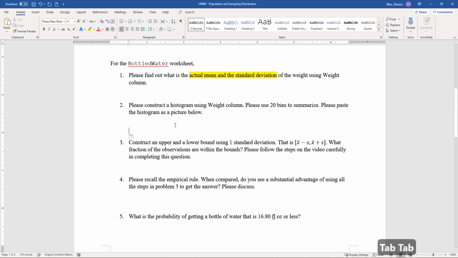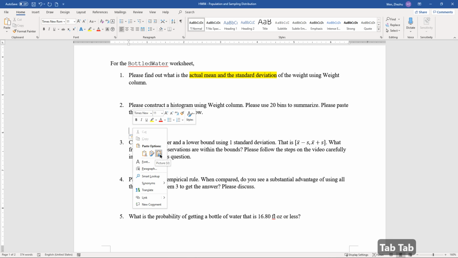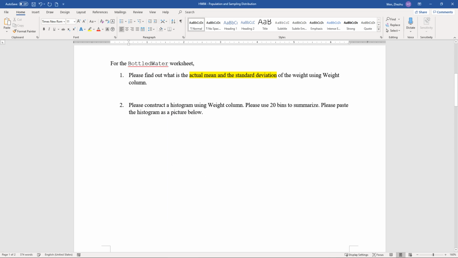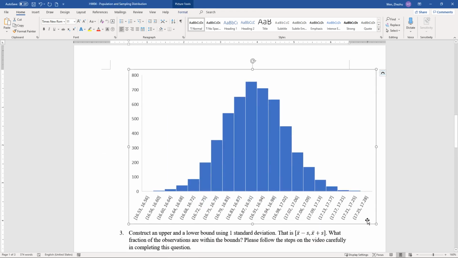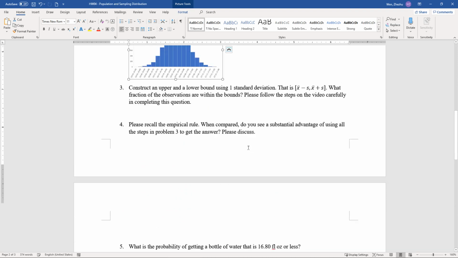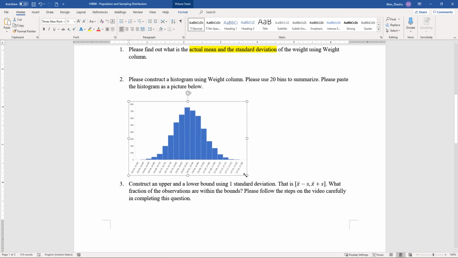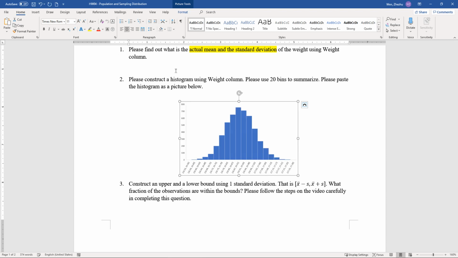Paste it as a picture, the third option. The advantage of pasting it as a picture is that it's easier to adjust its size. Make it look all right, and then move on to the next one.